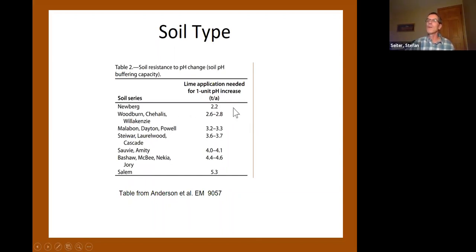The Newberg soil is a lighter, loamier soil than the Jory, which is more of a clay soil. You need half as much lime to bring that soil up 1 unit. So if you are able to navigate the soil survey quickly, then you can very quickly find out whether they need a lot of lime or not so much lime.